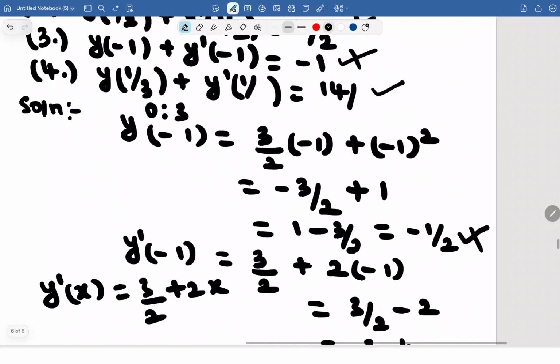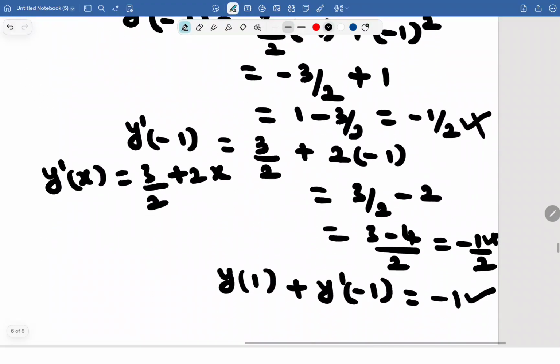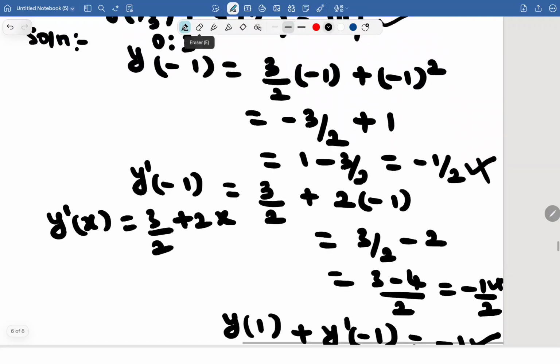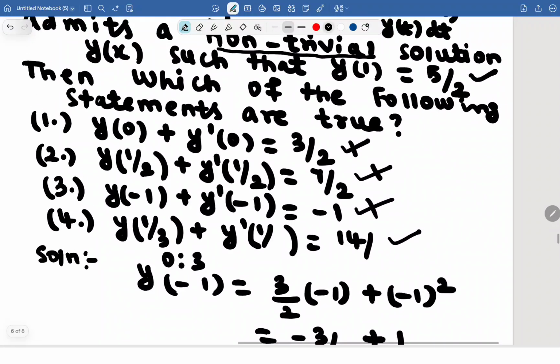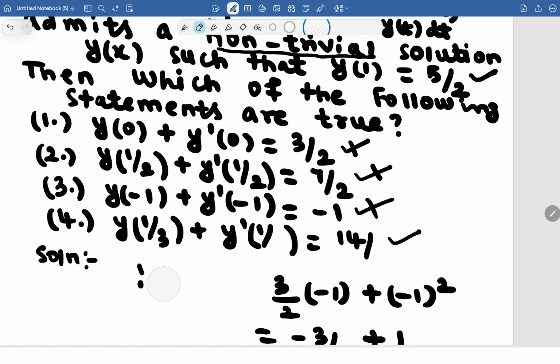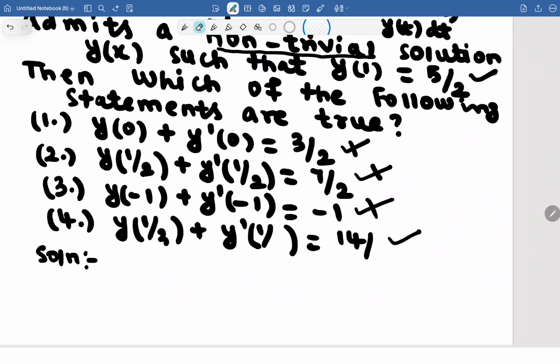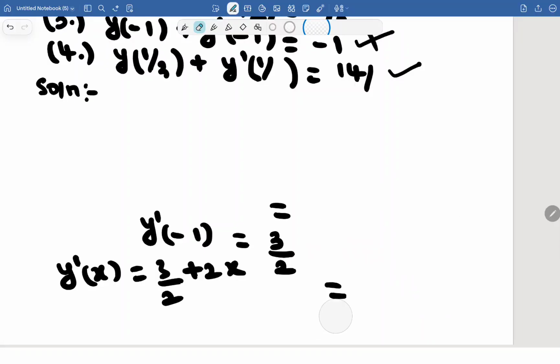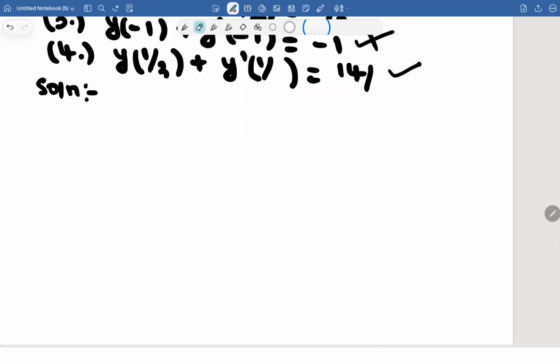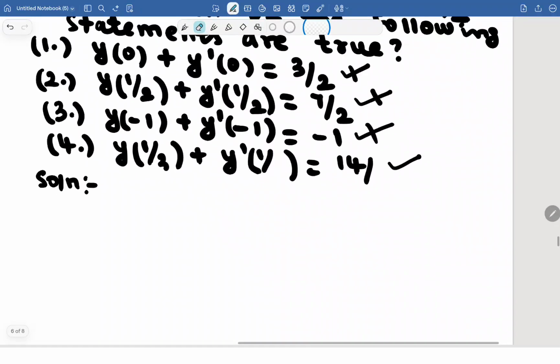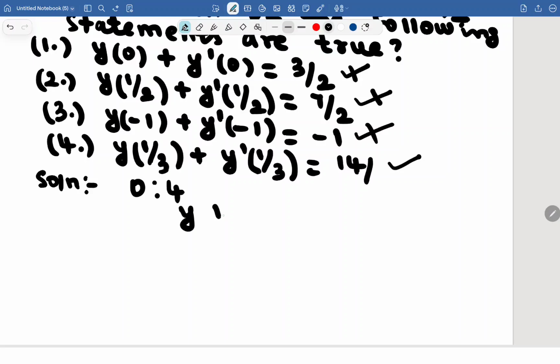Now I am going to check whether the fourth option is the correct one or the wrong one. Option 4: y of 1 by 3 plus y dash of 1 by 3. y of 1 by 3 is equal to 3 by 2 into 3 plus 1 by 9.